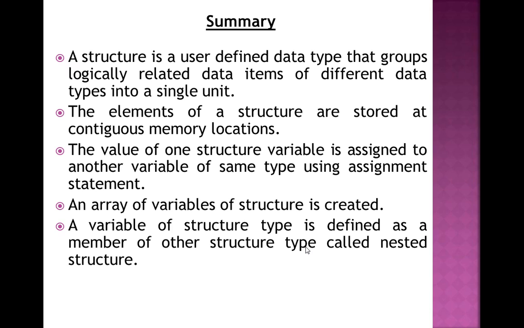The next point says an array of variables of structure type can be created. Then the next point says a variable of structure type can be defined as a member of another structure type, called a nested structure. That is, we can define a structure within a structure.